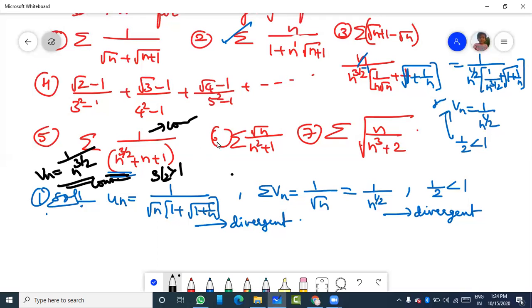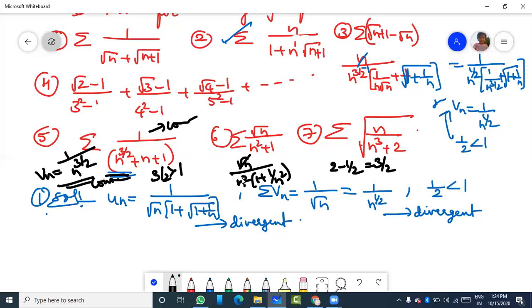Okay. Like the last two. In the sixth one, in the numerator root n common, in the denominator n square common, that is 1 by 1 plus 1 by n square. Here root n means 2 minus 1 by 2, that is 3 by 2.